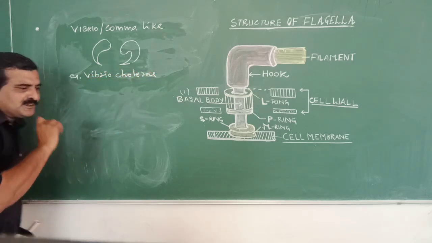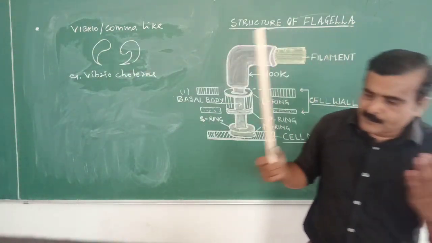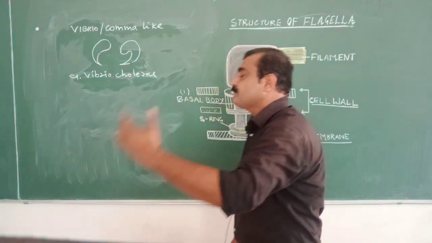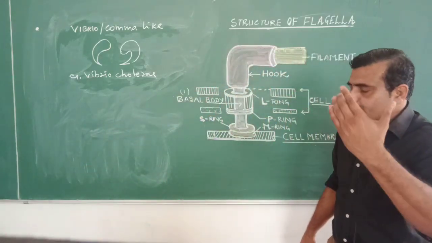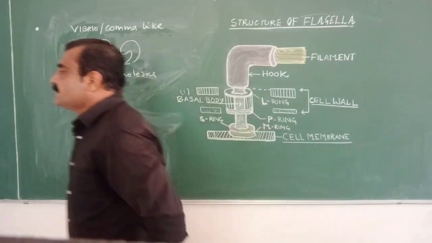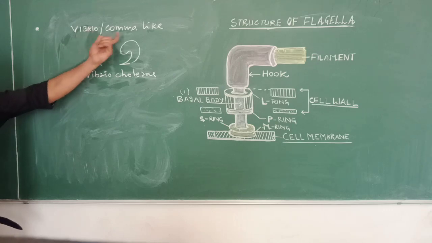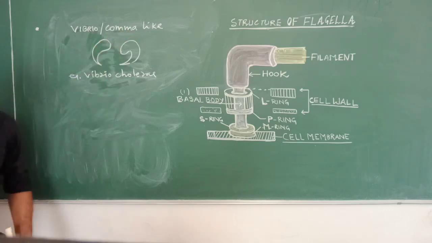You know that Vibrio cholerae is the example of monotrichous when we were discussing types of bacteria on the basis of flagellar arrangement. Same here, Vibrio on the basis of shape is an example of comma-like bacteria.